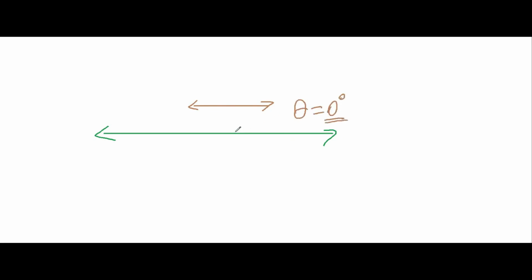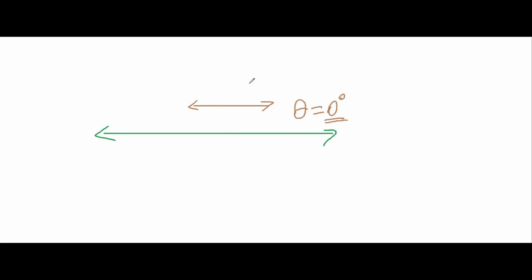Now, I have drawn this x-axis, and say I have one more line, this line. Can you tell me the angle between these two lines? The angle between these two lines is 0. Theta is 0 degree here, because there is no angle between these two lines.